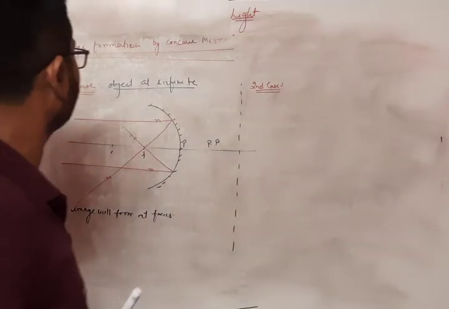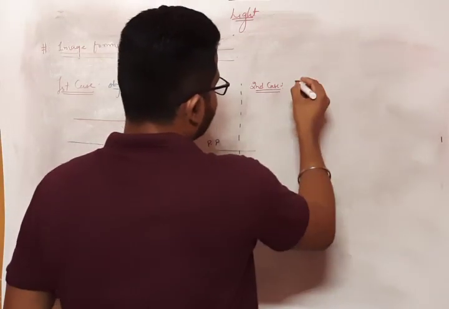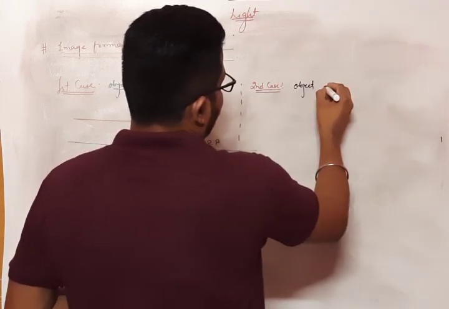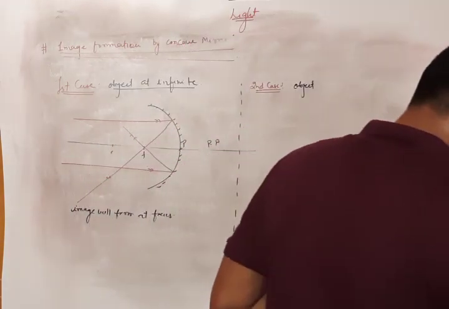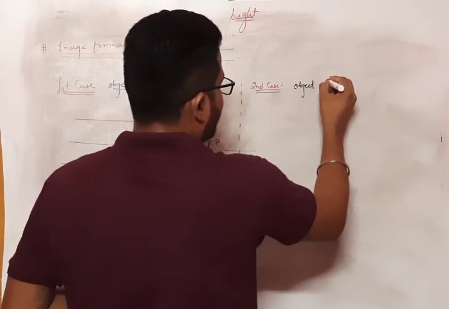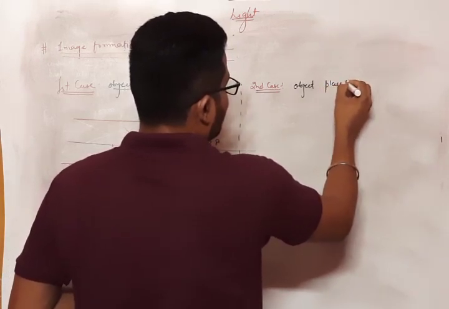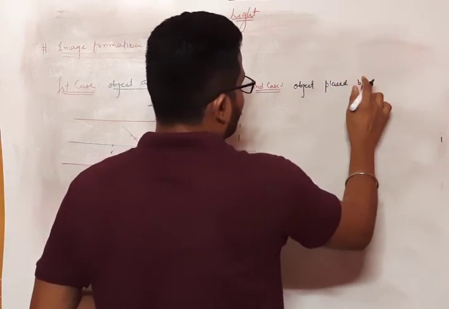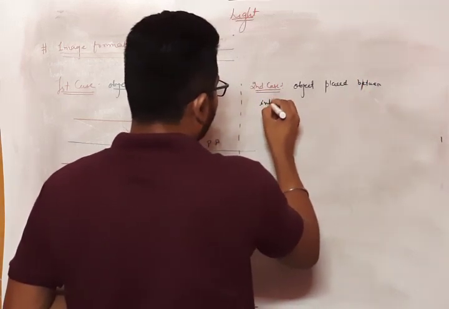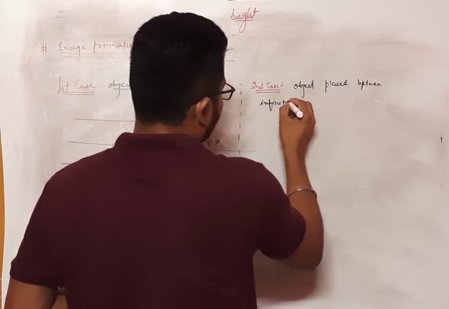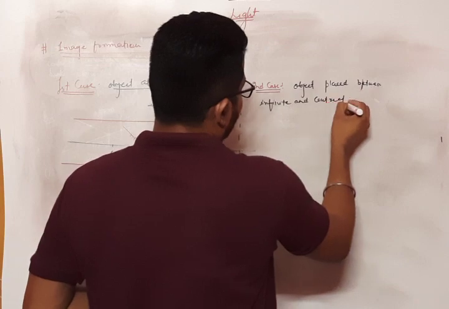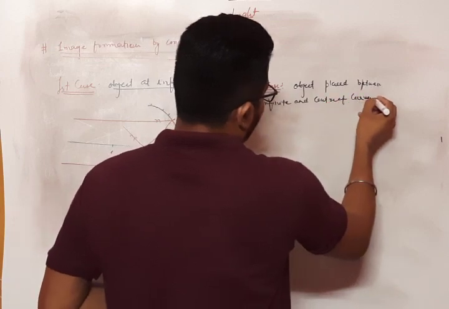The second case is an object placed between infinity and the center of curvature.